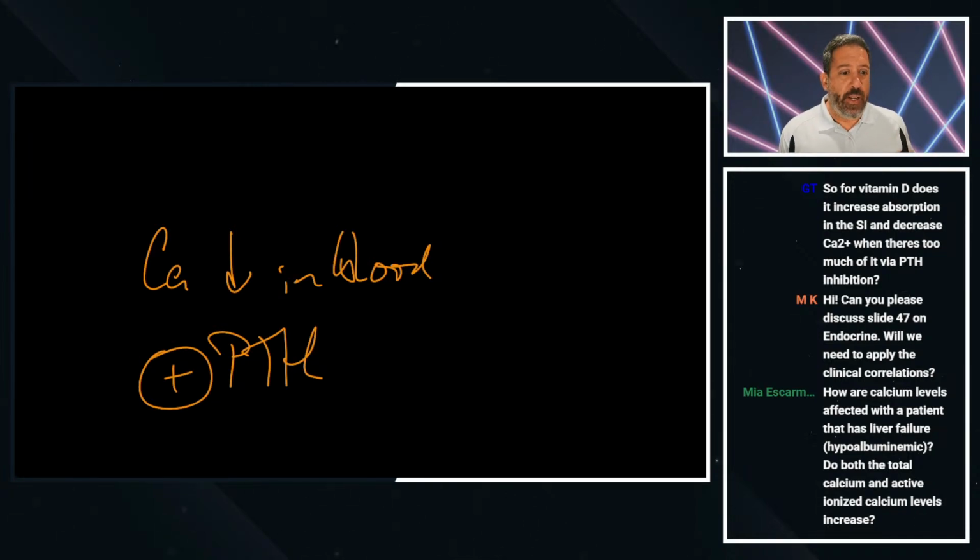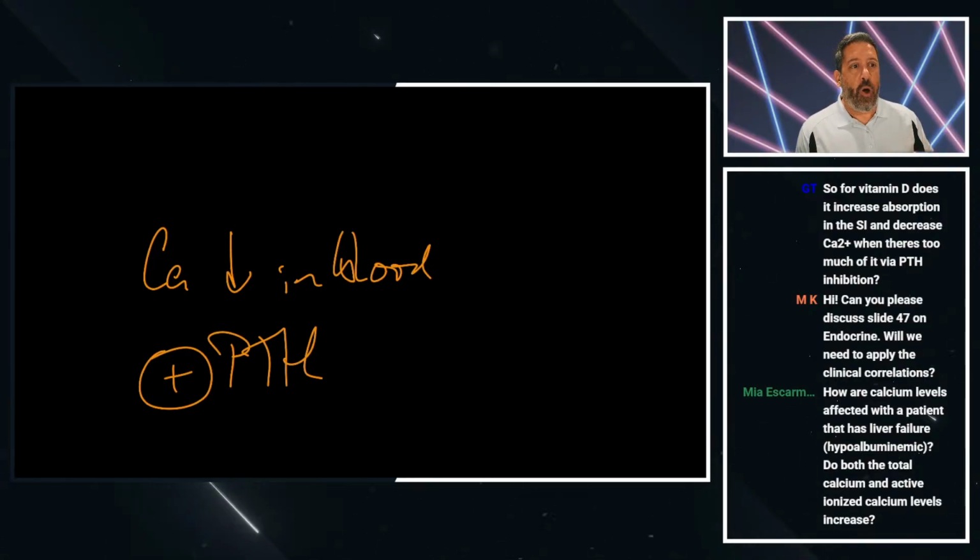But we need a way to turn off PTH as well. So vitamin D comes out, and it also helps with calcium. It's going to help absorption of calcium in the small intestine and also increase the reabsorption of calcium in the kidneys, all to bring up calcium. But when calcium levels hit a certain level, we're good.